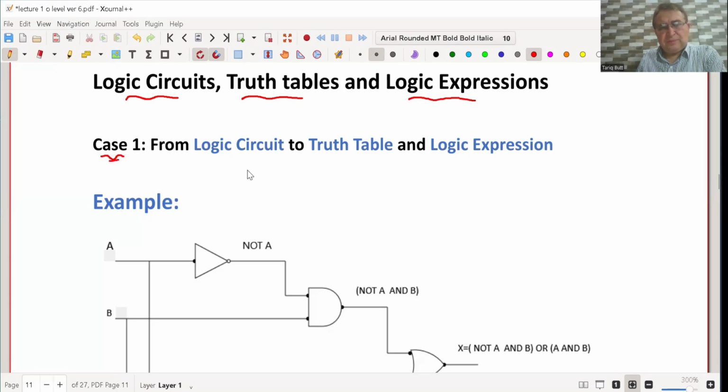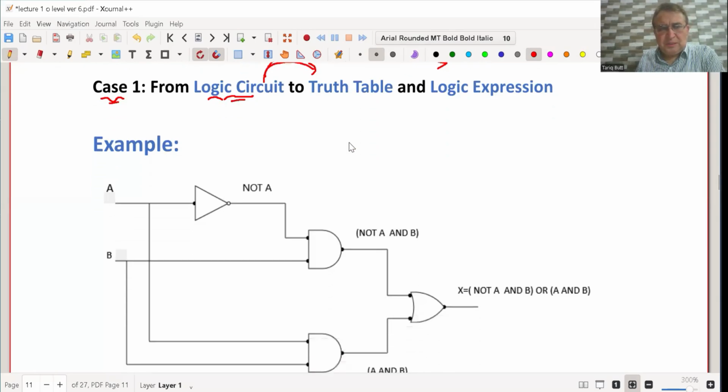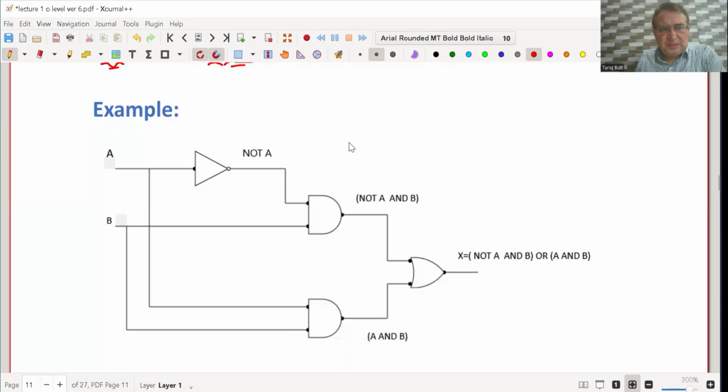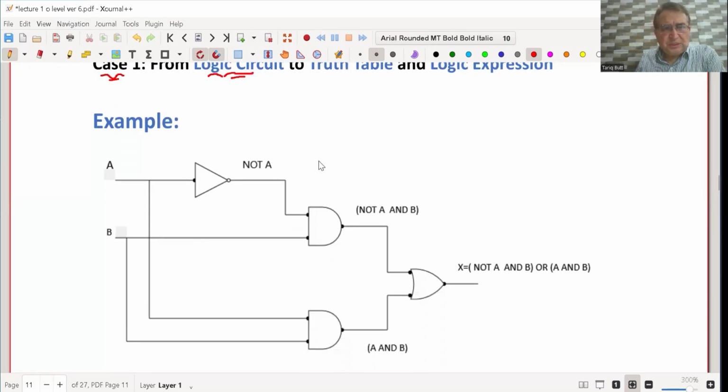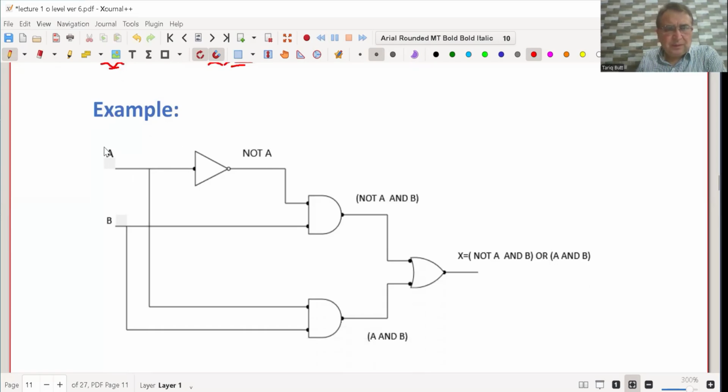For instance, you may be given some logic circuit and asked to draw either the truth table or find out its logic expression. So let's say we see this. For instance, you are shown some logic circuit where A and B are inputs.